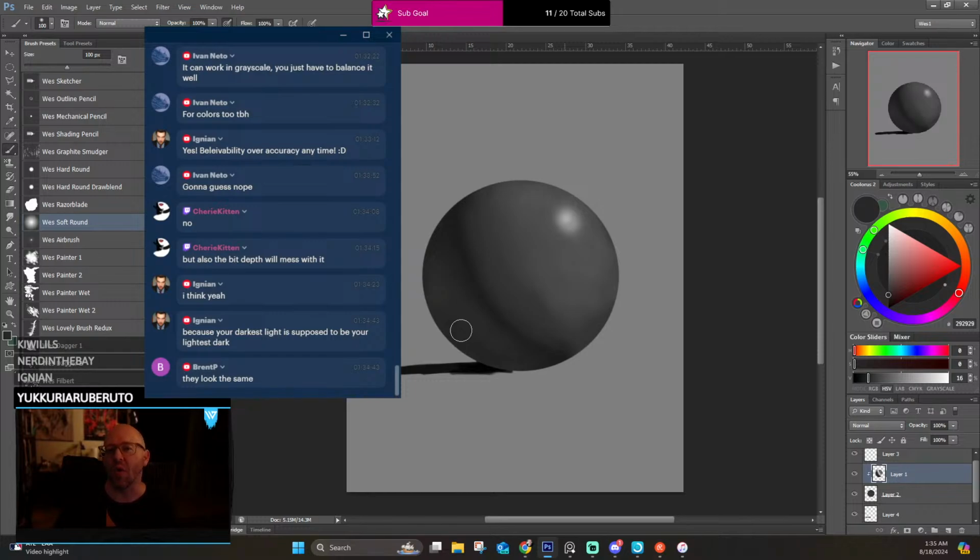But why does it work? Why does this still read as three-dimensional if this is a midtone and this is technically a shadow? Why does that work?